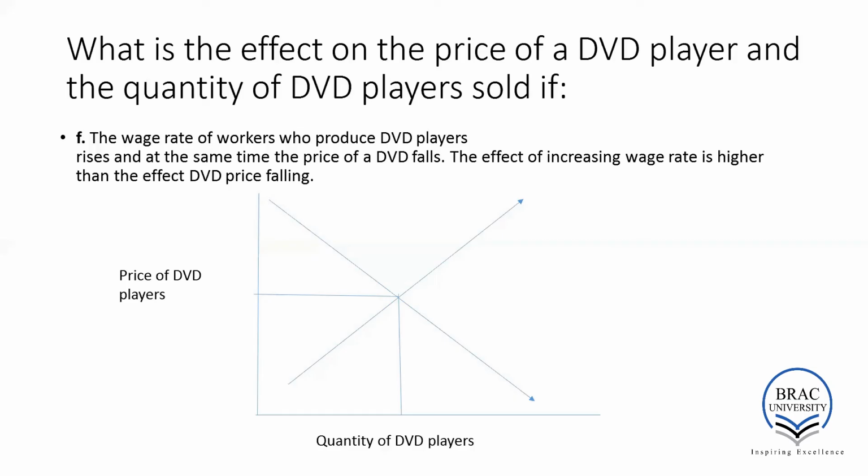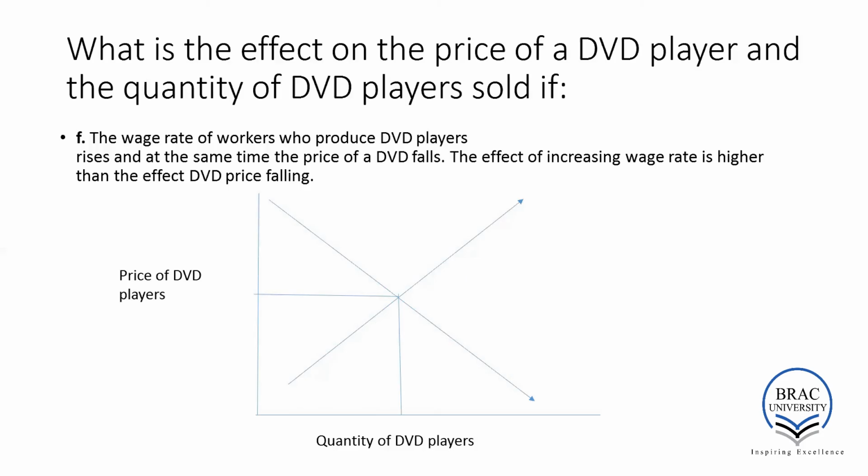Due to the increasing wage rate, we will have a decrease in supply. And due to the falling price of DVDs, we will have an increase in demand for DVD players. And the question mentions that the effect on the supply curve will be greater than the effect on the demand curve.